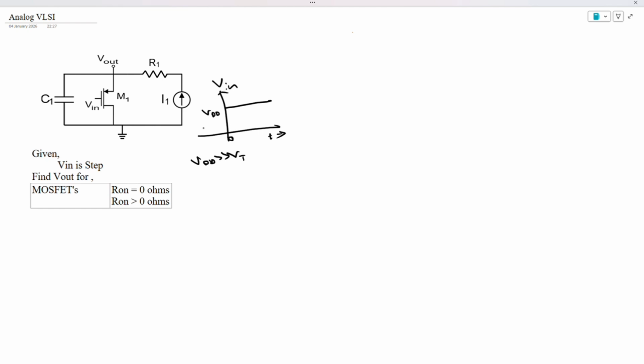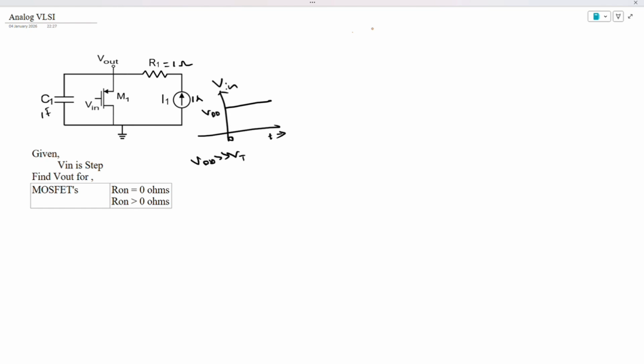The current I1 flowing is 1 ampere for the sake of easiness, and we can take R1 as 1 ohm, and this capacitor as 1 farad, so that it will give results in some numbers, and we will get a good intuitive understanding at every instance.